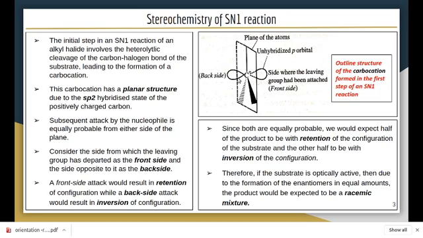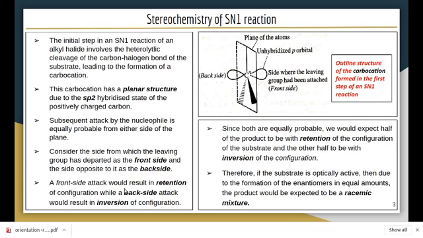Since it is a planar structure, the incoming nucleophile can attack from both sides, from the front side and also from the back side. There is equal probability for the attack of the nucleophile from both sides.